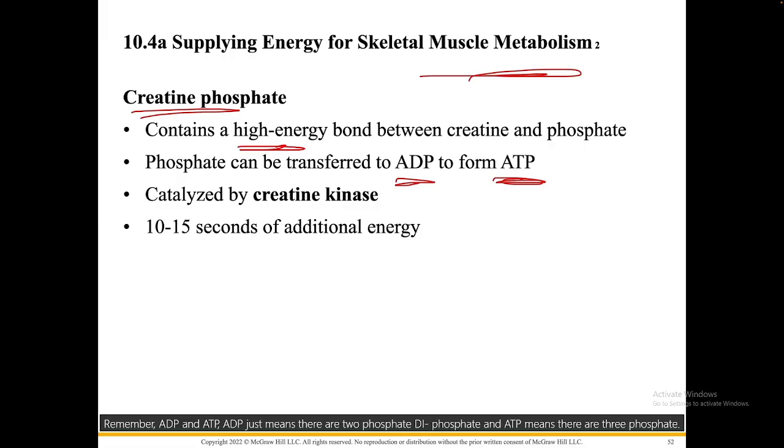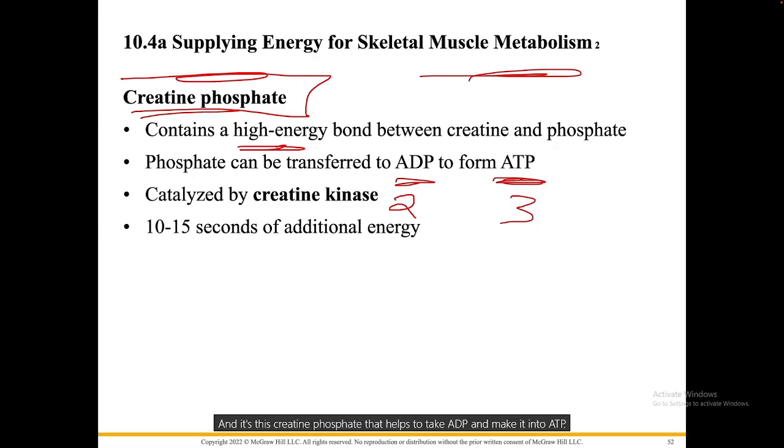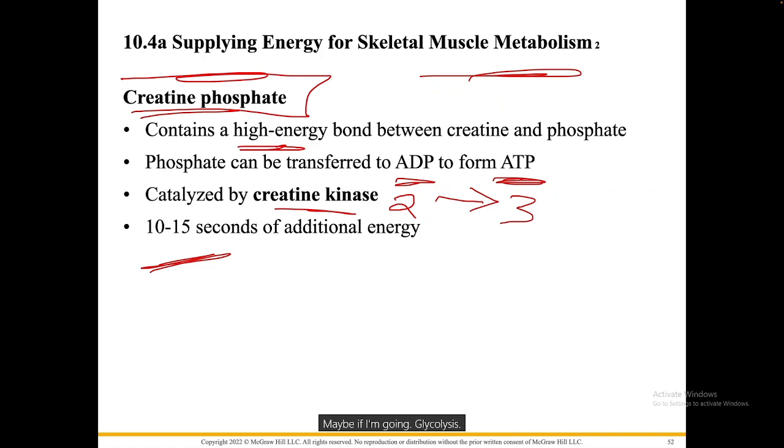ADP just means there's 2 phosphates, diphosphate, and ATP means there's 3 phosphates. And it's this creatine phosphate that helps to take ADP and make it into ATP. We use another enzyme, creatine kinase. So now instead of 5 seconds of energy, boom, now I can last 15 seconds of energy. I can make it up to the 3rd floor of stairs maybe.